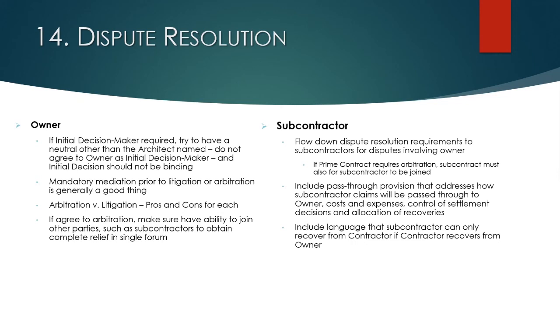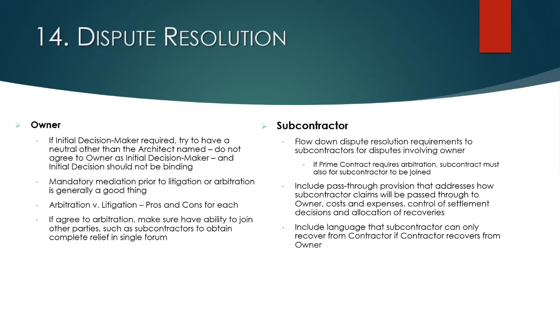Similarly with the subcontract, going back to the flow down provision and making them consistent, you certainly don't want an agreement in your prime contract that says you have to arbitrate claims in Hawaii and a subcontract that says you litigate claims in Jacksonville, Florida. That's not good. So you want to make sure those provisions are consistent, prime contract to subcontract.